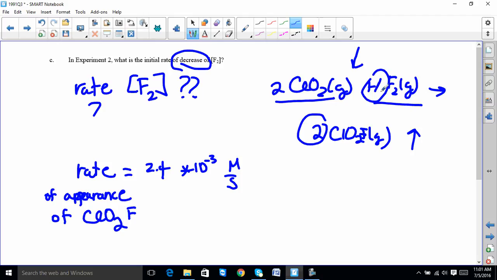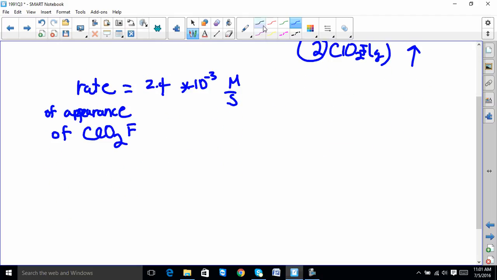So the rate of disappearance of this is going to be half of that. And so the answer is going to be 2.4 times 10 to the negative 3 molarity per second, divided by 2, because it has to be half as much.